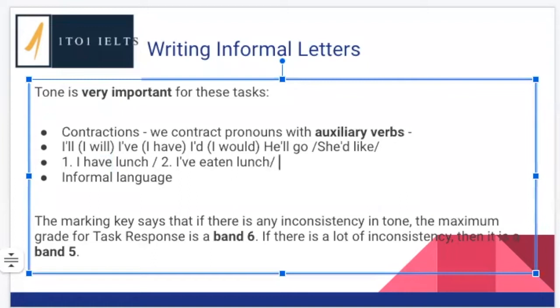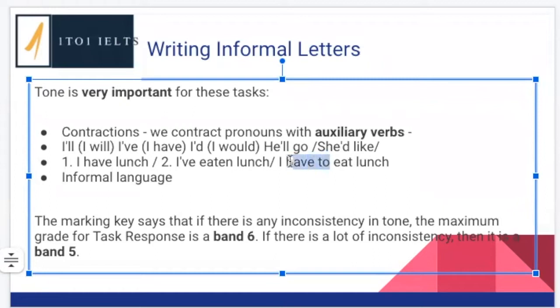How about this one? So this comes up quite a lot. Is have here the auxiliary verb? No. So in this expression, have to, when you're showing obligation, we don't contract.